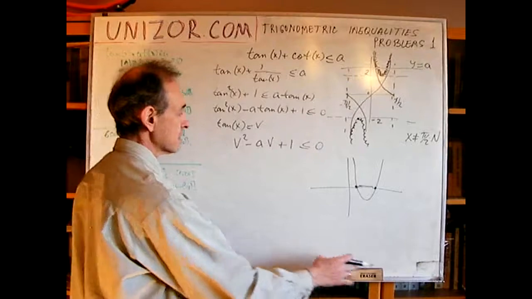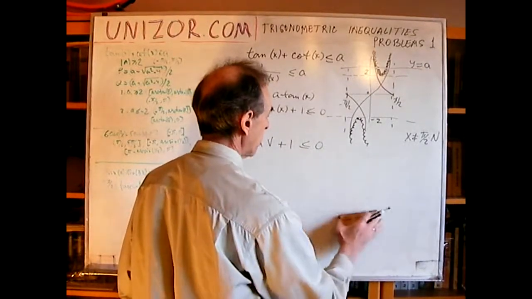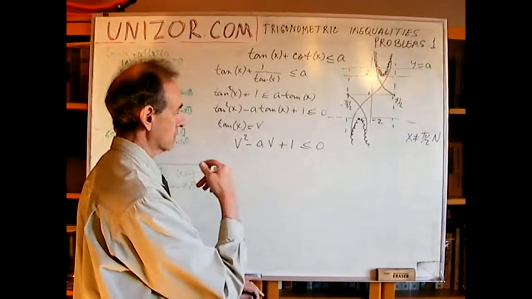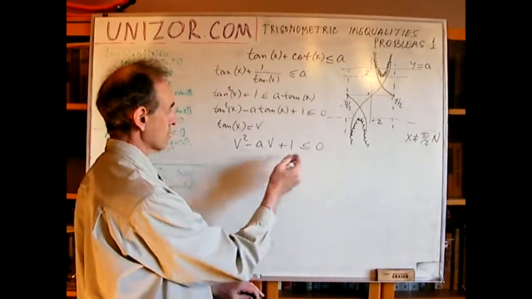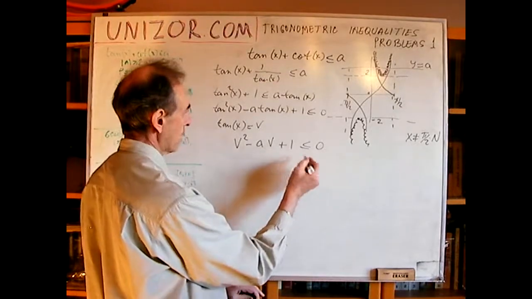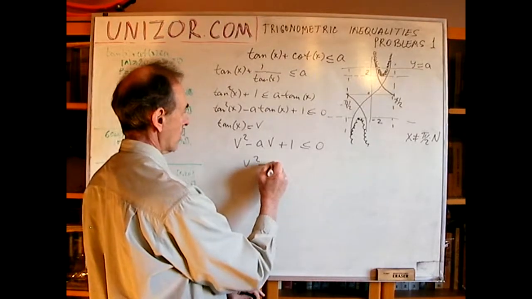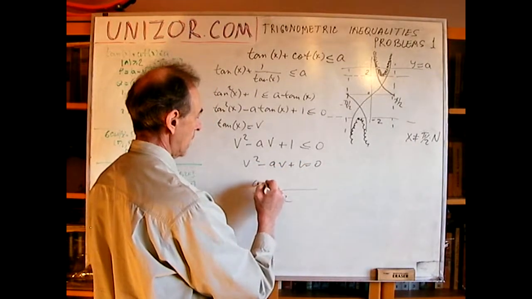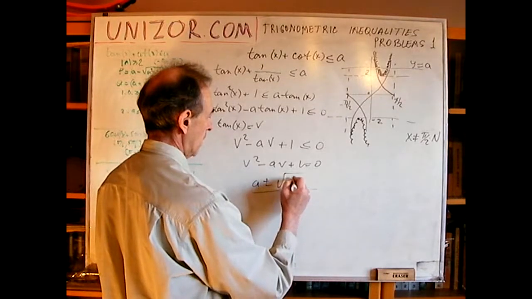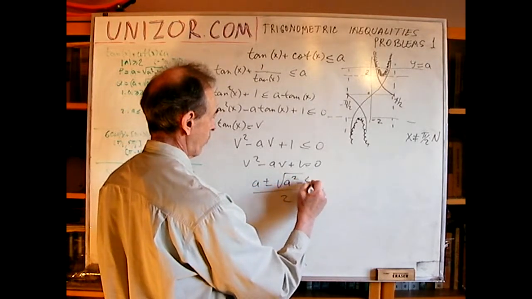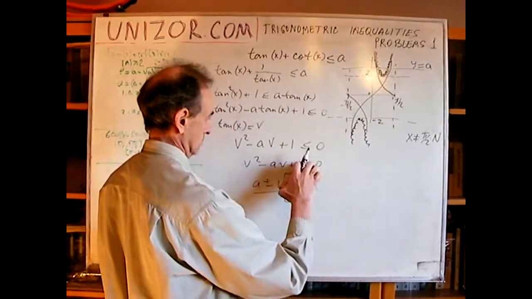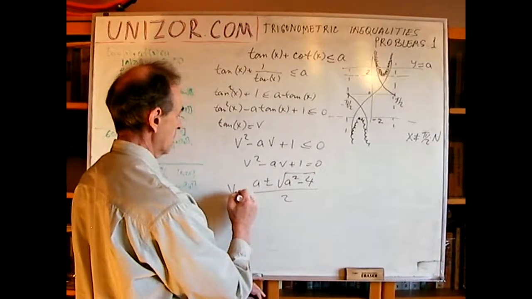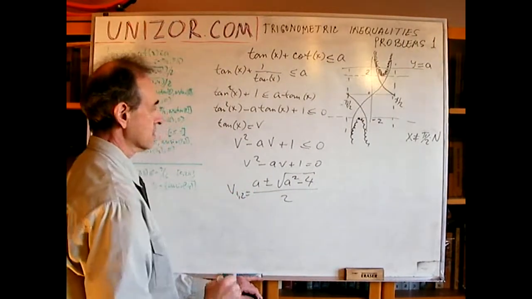So let's solve this equation. We will find what v's are representing the solutions to the corresponding equation. So if I have the equation v squared minus av plus 1 is equal to 0, then solutions are a plus minus square root of a squared minus 4, over 2, right? That's what the first and second are. That's the solutions.